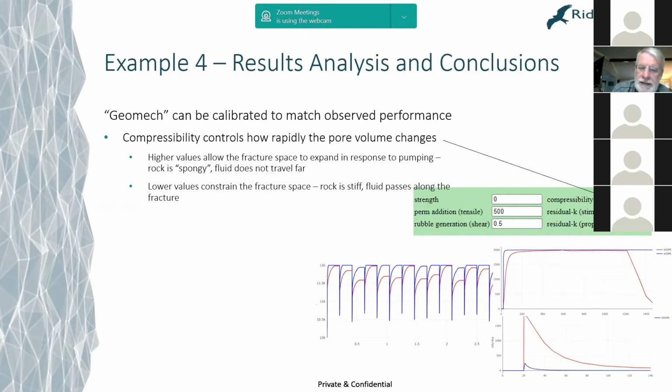The higher values allow the fracture space to expand quickly in response to pumping. So rather than the fluid being forced to move through the fractures, it can stay in one place and just push against the walls and occupy that space. So the higher values generally end in shorter fracs. Lower values, which is stiffer rock, cause the fractures to have to go longer.